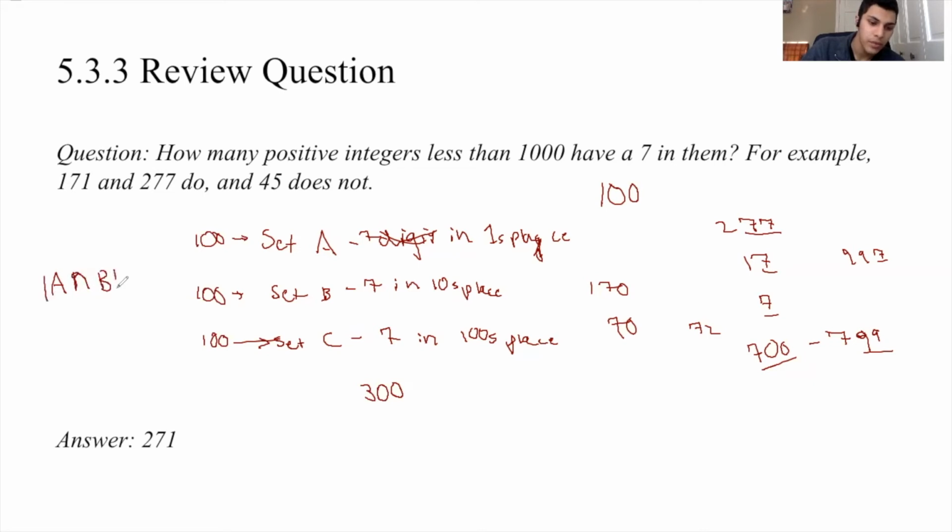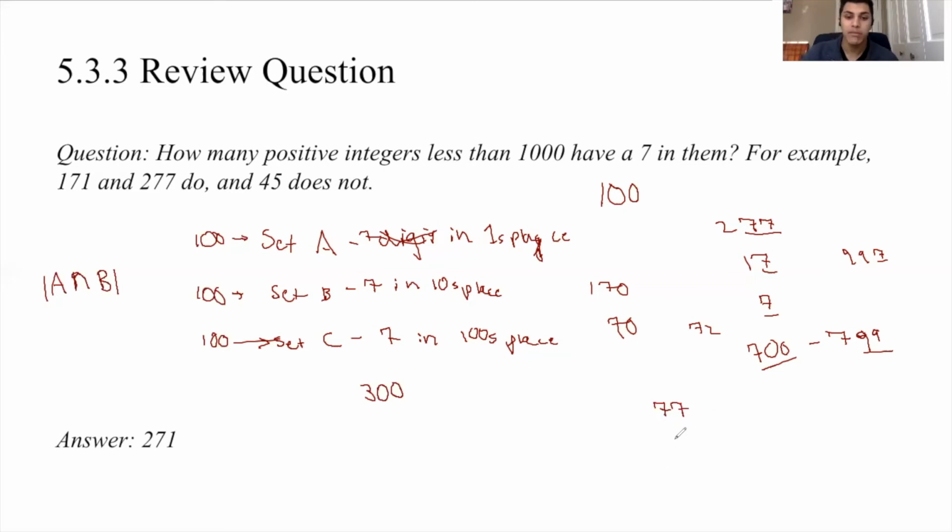All right, so the intersection set of A and B will contain all the numbers that have a 7 in both the tens place and the ones place, which means that they end in 77, right? And if they end in 77, there are only 10 numbers that this is possible for.